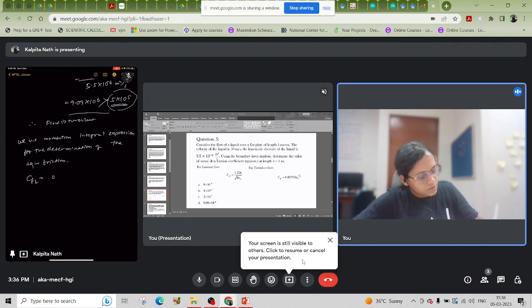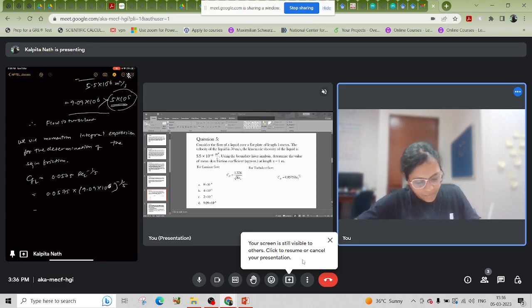C_f is equal to 0.0575 Reynolds number to the power minus 1/5, as it is only given for turbulent flow. That is 0.0575 into 9.09 into 10 to the power 6 to the power minus 1/5, which is equal to 2.3332 into 10 to the power minus 3. This is the answer. So the answer is C.